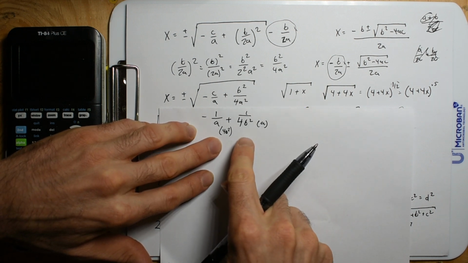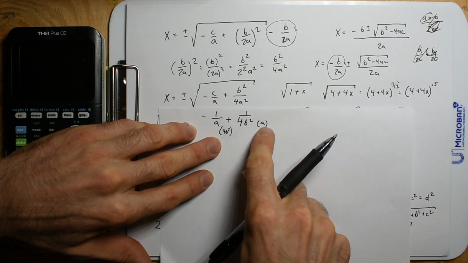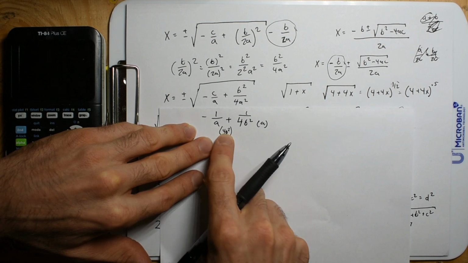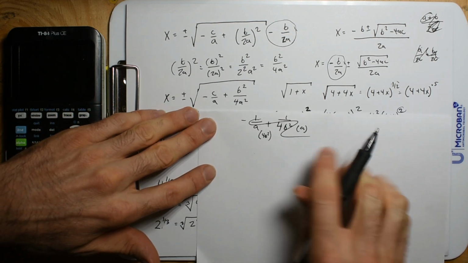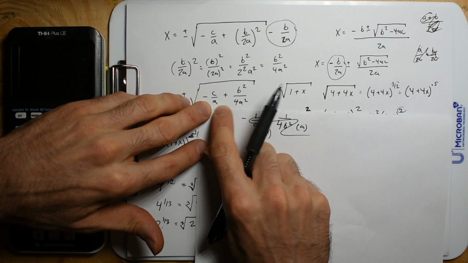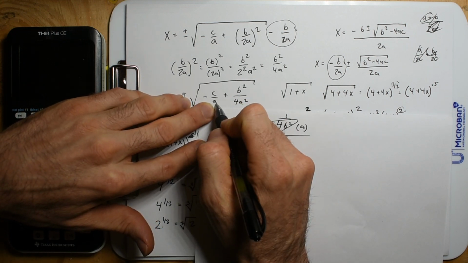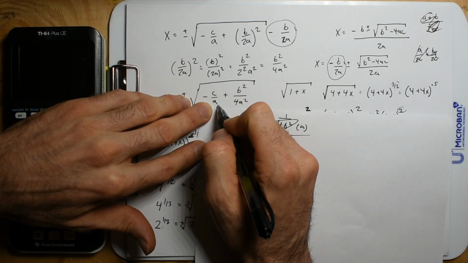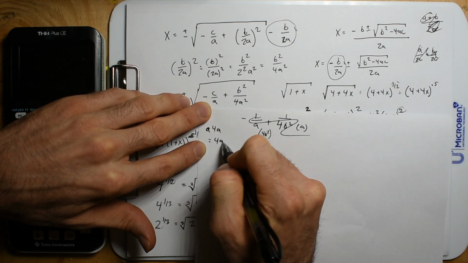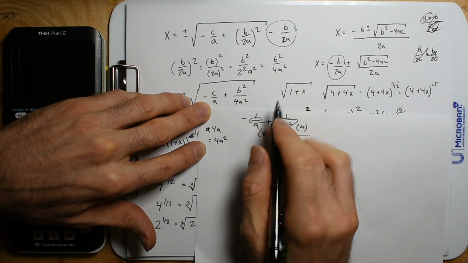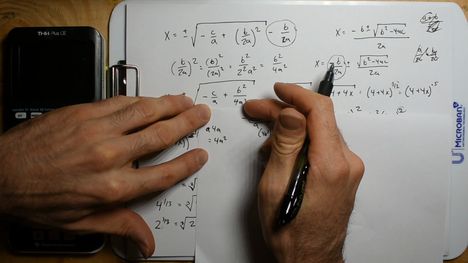Then both denominators would be 4b squared a. But we at least have one term that's the same. So over here, all I have to do is multiply by 4a, because a times 4a is 4a squared, and that's what I have over there. And I don't have to multiply this side by anything.